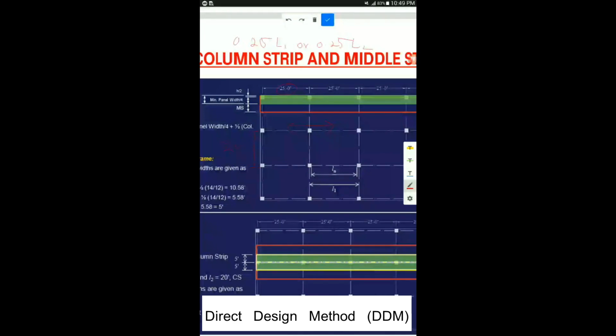So L2 is comparatively less, so we choose it. The formula is 0.25 of L2, or 0.25 of 20, and the answer is 5 feet. But this is not the accurate column strip width. The column strip width is a little bit higher than this value.